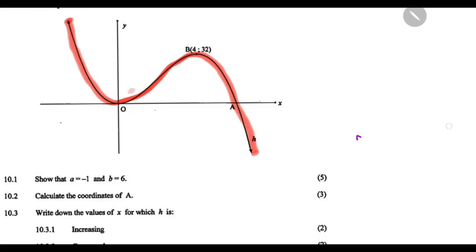So this graph shifts 1 unit to the right, and then this turning point is going to be here. I must add 1 to the x, so this turning point 4 becomes 5, and then this x-intercept 6 becomes 7 here. Because this graph shifts 1 unit to the right.